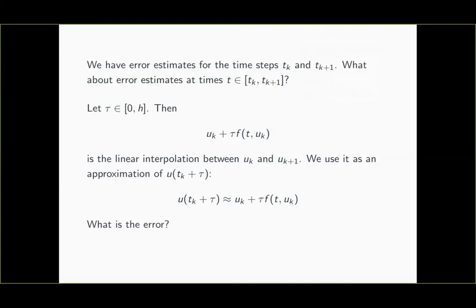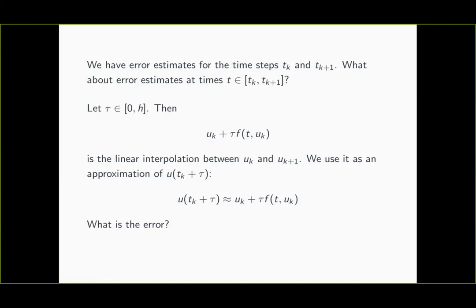We have derived error estimates at the time steps where we perform the Euler method. So for example, here I have time steps tk and tk plus 1. We already have error estimates there, but what can we tell about approximation error estimates between these time steps?